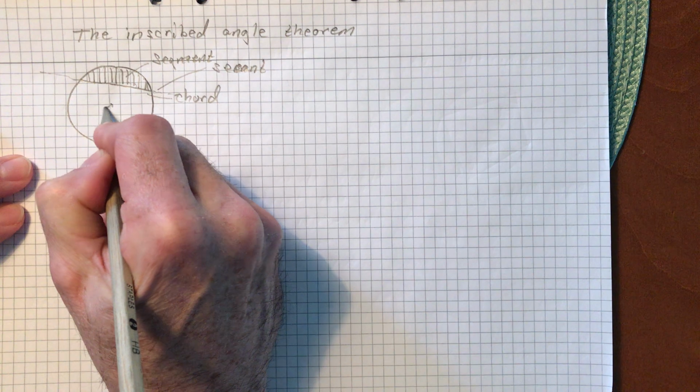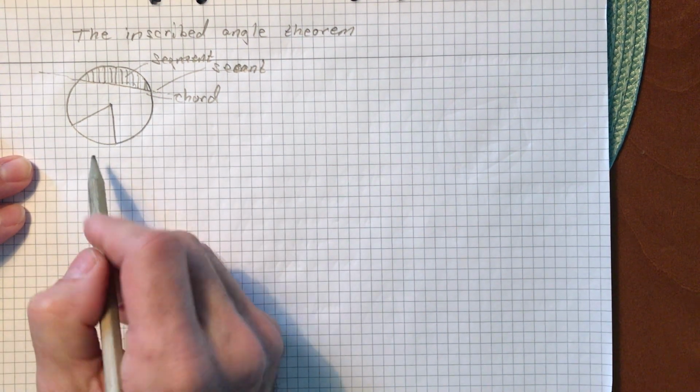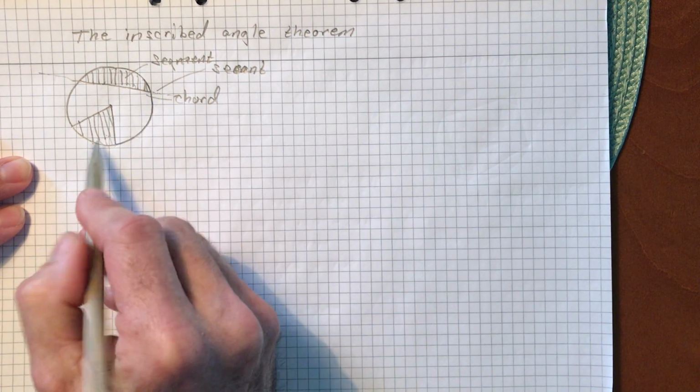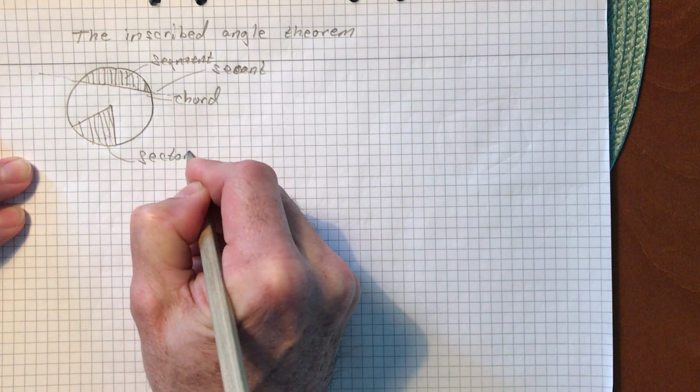You always cut a sector. And this is a sector. So I mark it. The area inside it is called a sector.